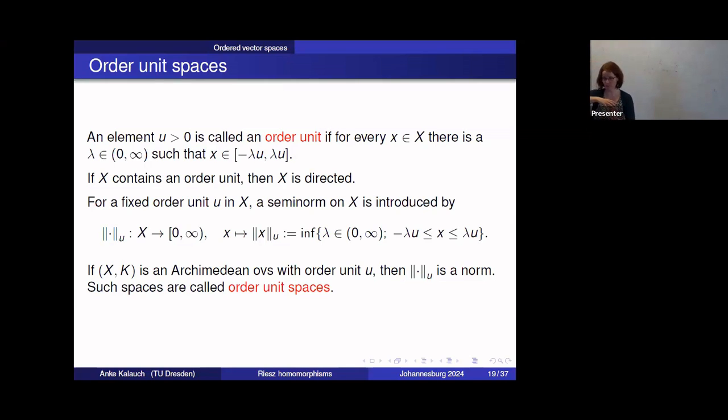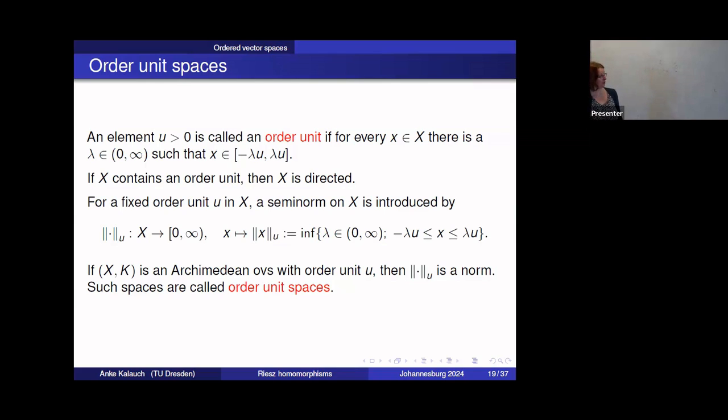When you take the order interval, so you take lambda times this interior point and minus lambda times this interior point, and lambda big enough, you will catch every element of your space. So the interior points of these cones are the so-called order units. So any element is somewhere in this interval, minus lambda u, lambda u.